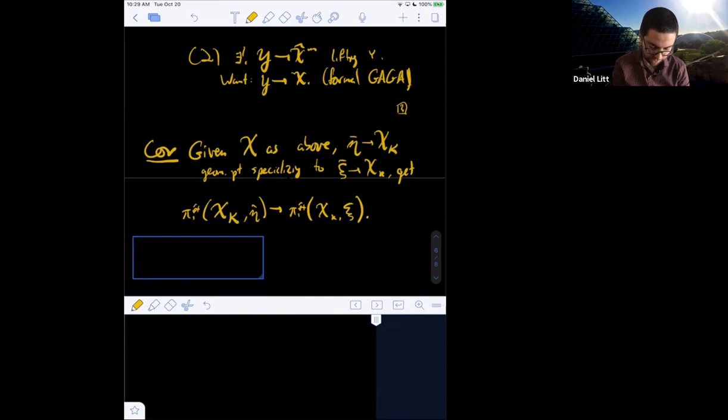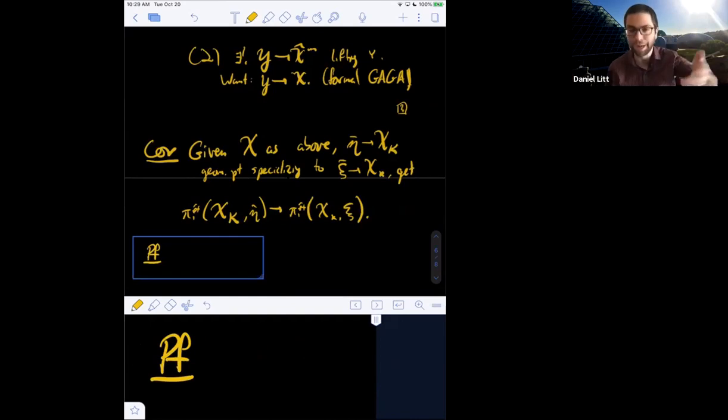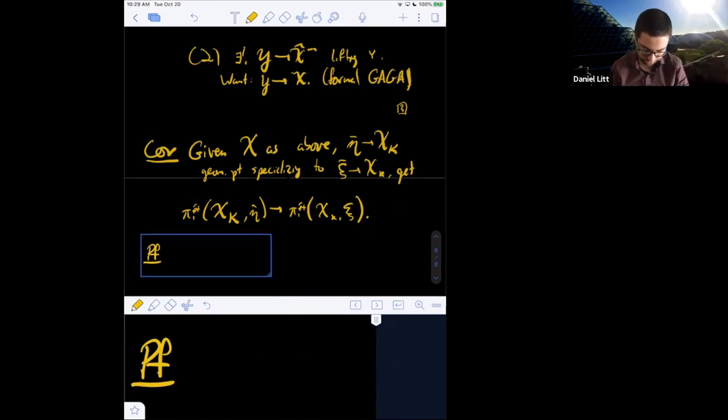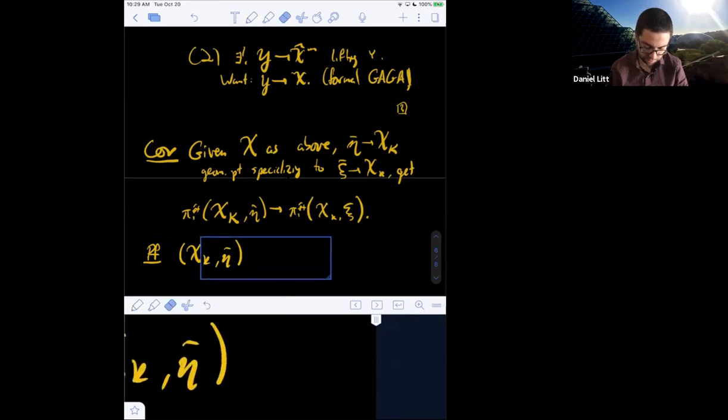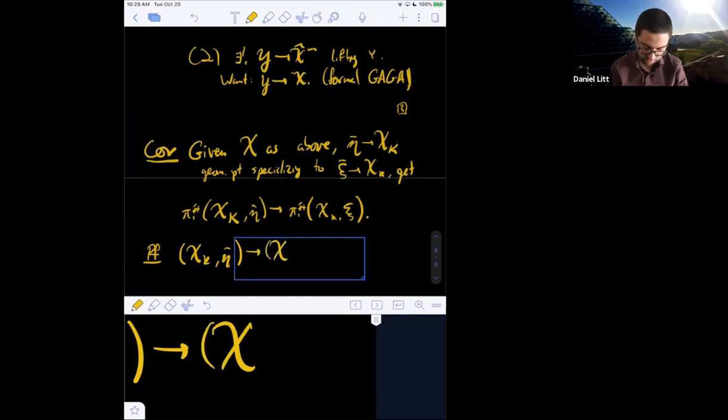Okay, and the proof, so what is this map? The corollary is the existence of a canonical map. So the proof is just a definition. I shouldn't call this a corollary, it's really a definition. X_K eta bar maps to X eta bar.